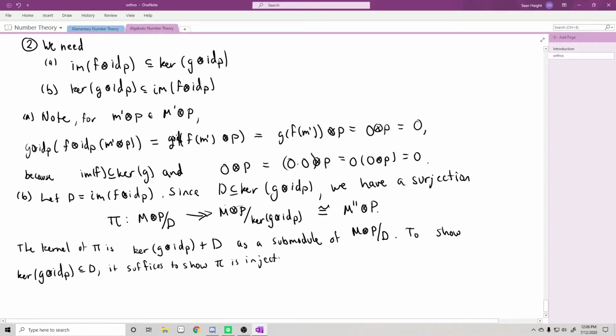Okay, so let's think about this for a minute. If pi were not injective, or maybe the other way around, sorry.